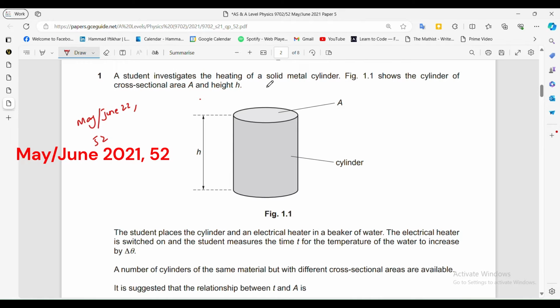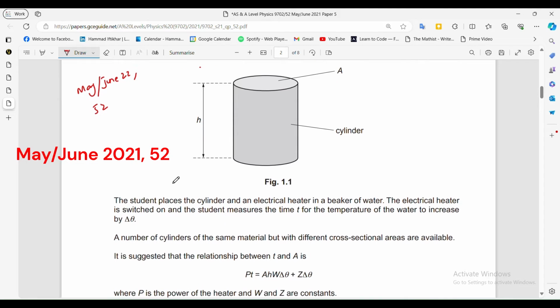A student investigates the heating of a solid metal cylinder. Figure 1.1 shows the cylinder of cross-sectional area A and height H. The student places the cylinder and an electrical heater in a beaker of water. The electrical heater is switched on and the student measures the time T for the temperature of the water to increase by delta theta. A number of cylinders of the same material but different cross-sectional areas are available.